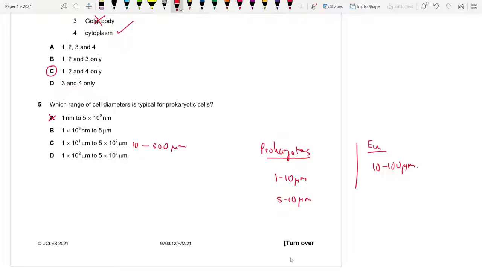That's too big. Now this is 100 to 5000. That's also too big, right? So what about B? It's 1000 nanometers. Listen, 1000 nanometers is actually equal to 1 micron. So this is 1 micrometer to 5 micrometer. That looks good, right? That is within this range as a whole. So 5 should be B logically.